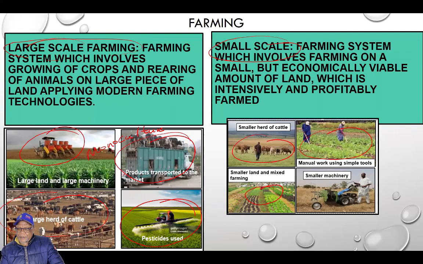But here it's mixed farming, and it usually uses manual work. People are using simple tools, and the machinery used there is usually small. Remember, they are not interested in ensuring food security over a large area. So it is only local food security for fewer people. That is why even the livestock there is not as many as the livestock here.